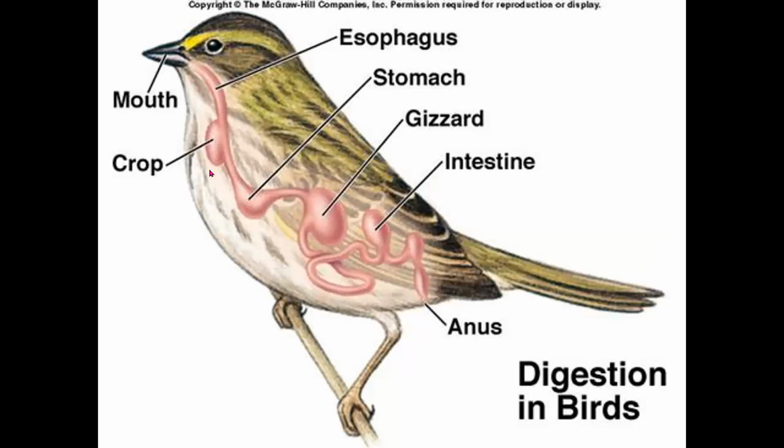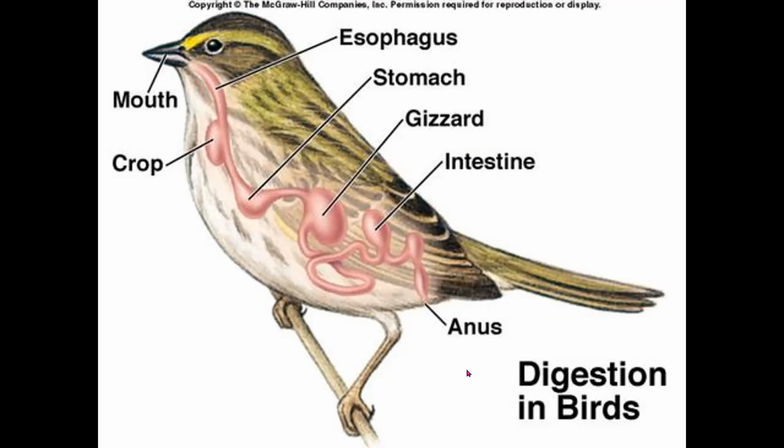And when food comes in, the crop squeezes, and that crushes up the seeds or whatever they've eaten. Could be a worm, whatever it is, crushed up, moves into the stomach. Now, the gizzard is another area which has also got endocrine functions. And then it goes into the intestine, and then it's released.